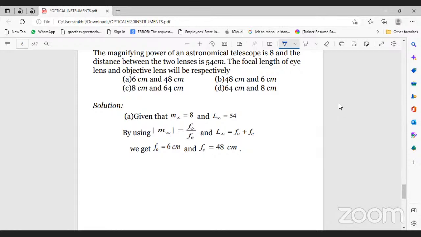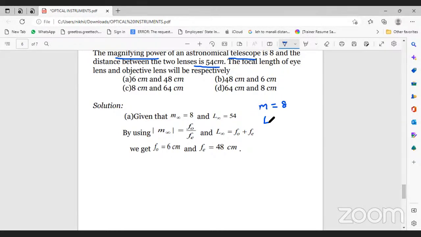Look at this. The magnifying power of the telescope is 8. Distance between the two lenses is 54 centimeter. You know telescope means image and object will be placed at infinity only. So what is given for the magnification? 8.